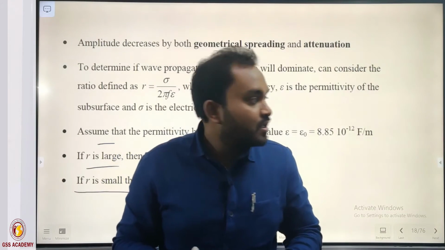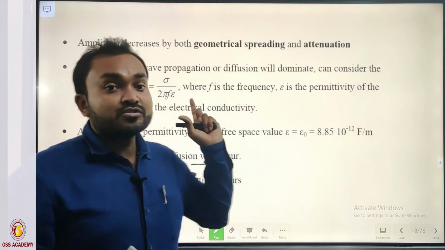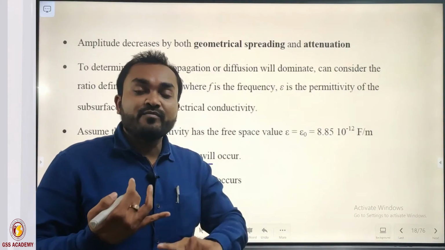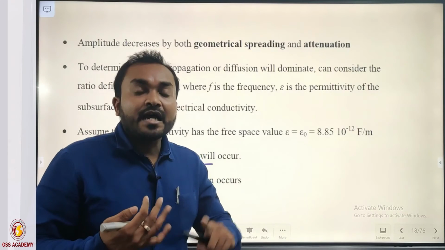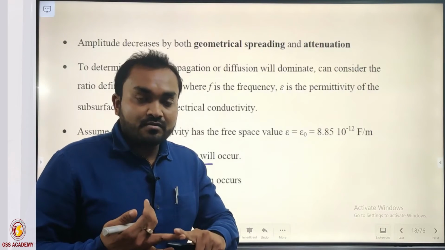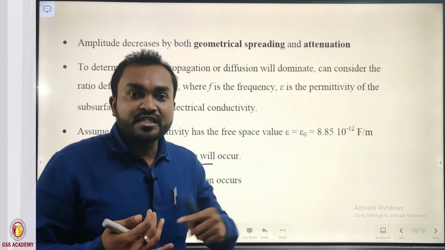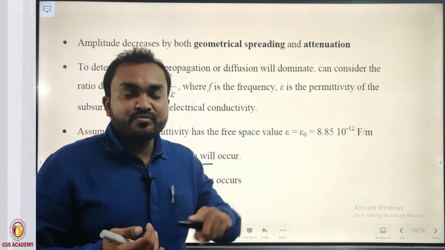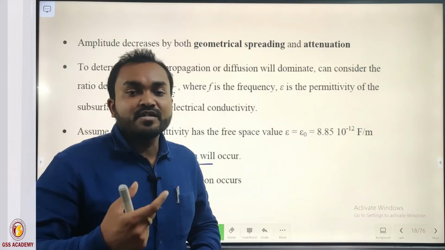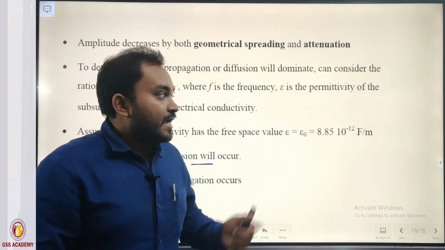Okay. Now, we have also seen how the electromagnetic wave propagates, whether it propagates as a wave or whether diffusion happens. This depends on your skin depth, and skin depth depends on sigma, the conductivity, and the frequency.